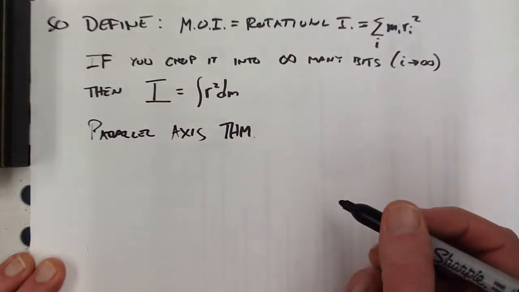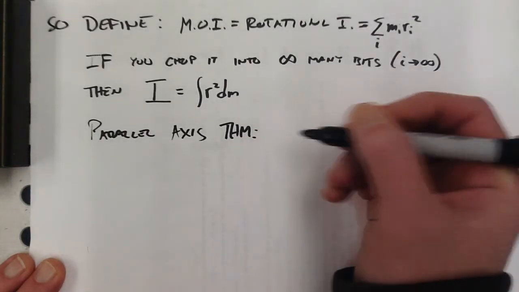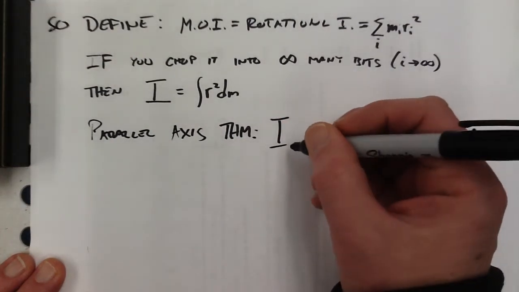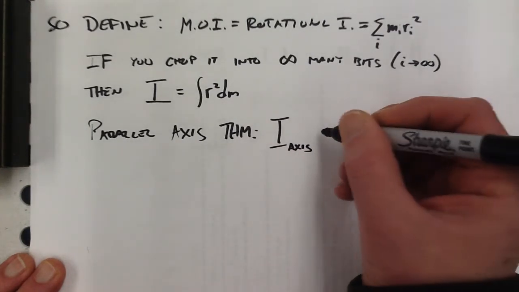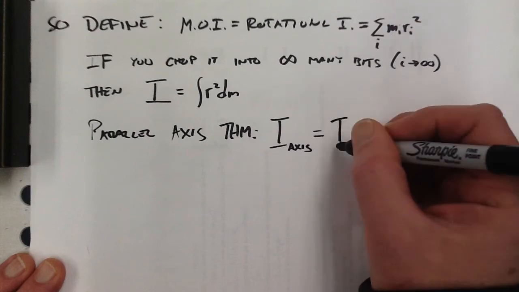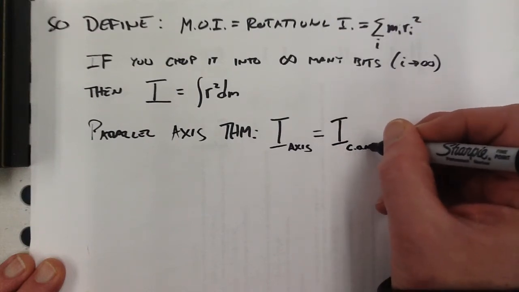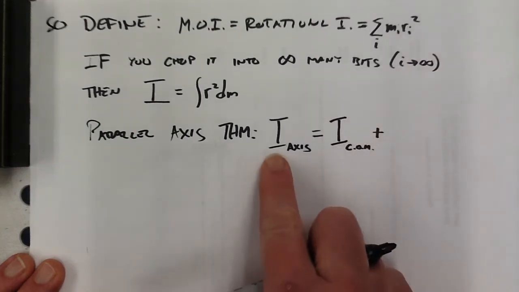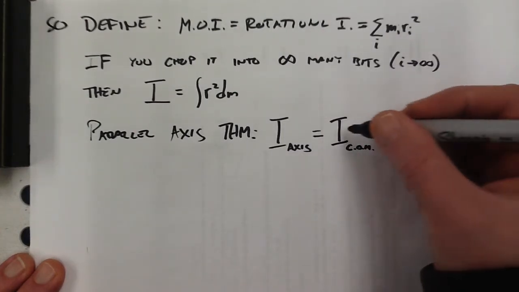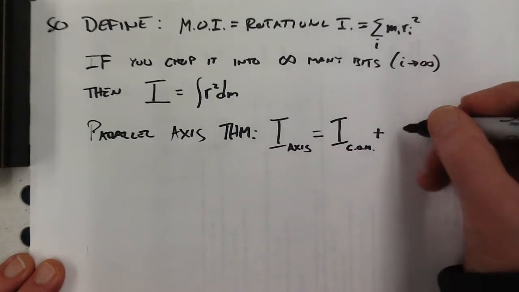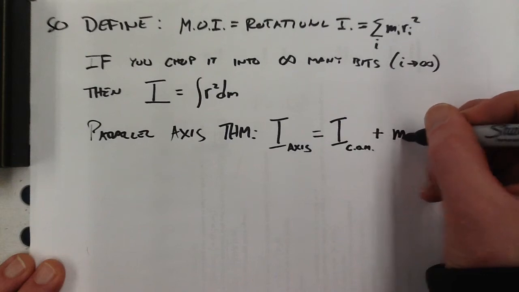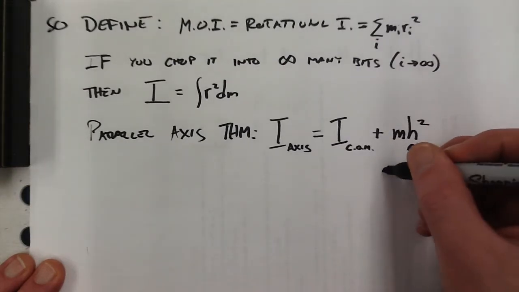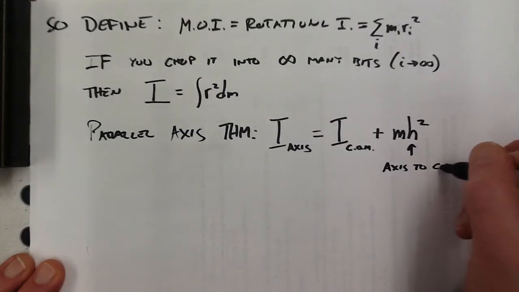The parallel axis theorem says that if you would like to know the rotational inertia of some object through some axis, and you know the rotational inertia through its center of mass, which we often do because I'm going to show you some common ones here, then to find the rotational inertia around this new axis, you just do the regular inertia around the center of mass plus mh squared, where h is the distance from the axis to the center of mass.